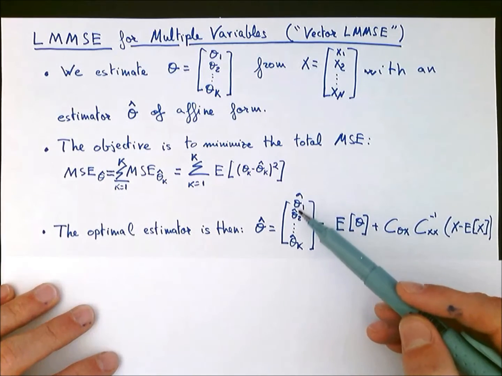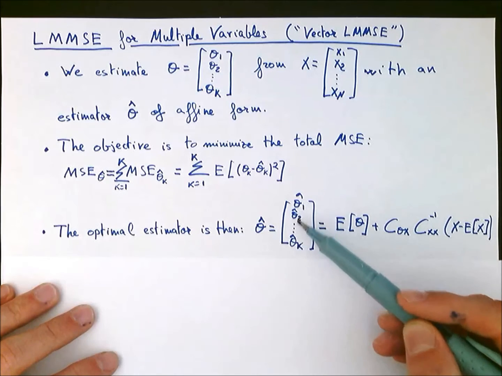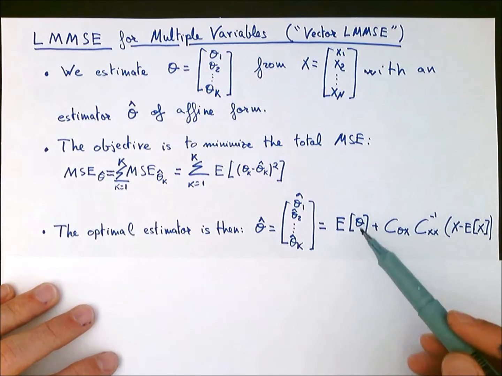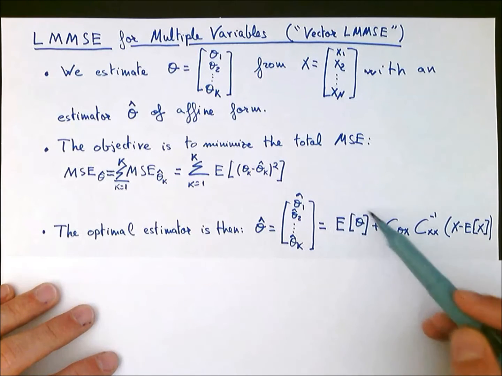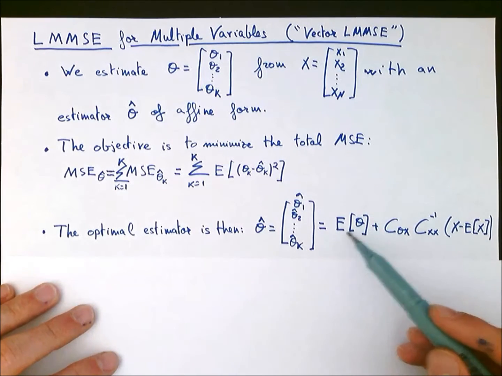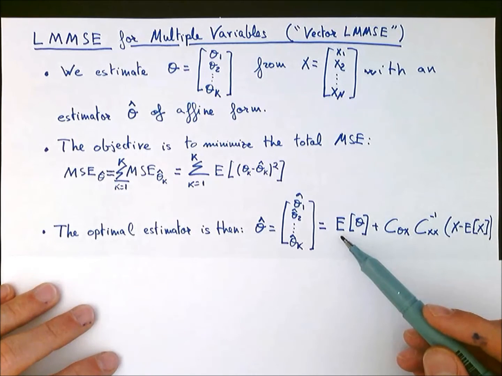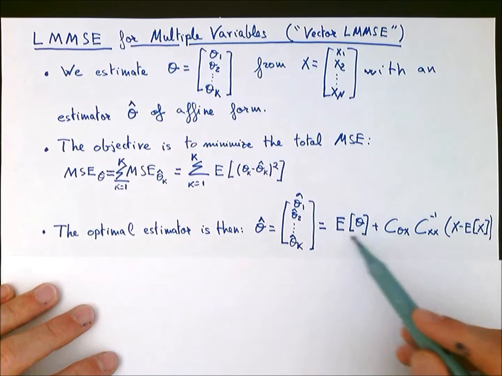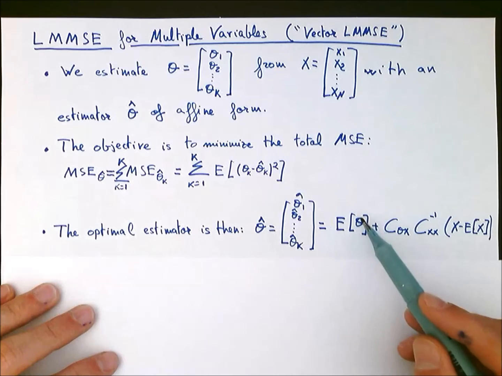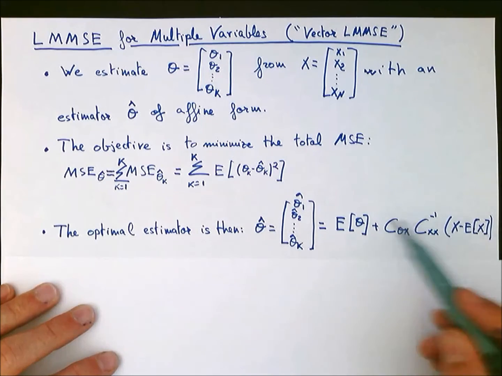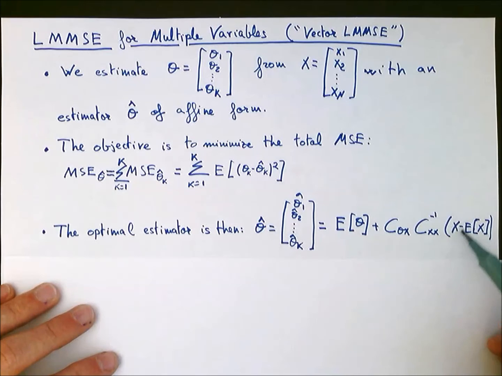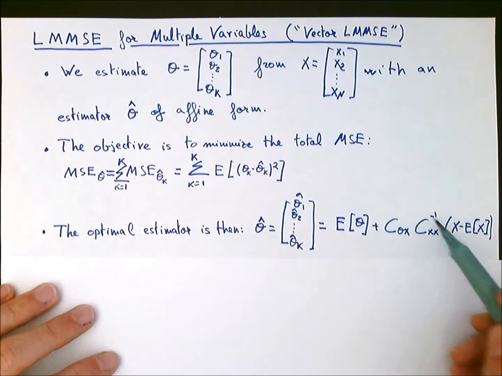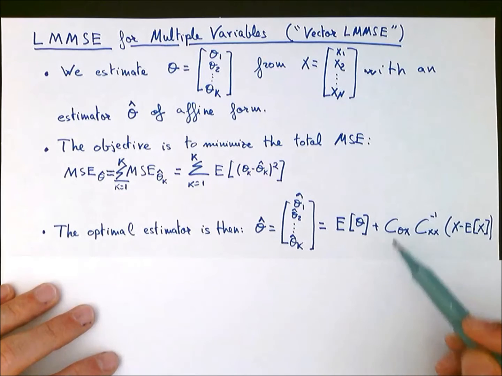If we actually write individual LMMSE estimators for each of the components, we can find a pretty compact expression for the vector estimator, very similar to the one for the scalar case, in which again the estimator is going to be the expectation of the unknown vector, to which is added a term in which the zero mean version of the data vector is weighted by, in this case, a matrix of coefficients rather than a vector.